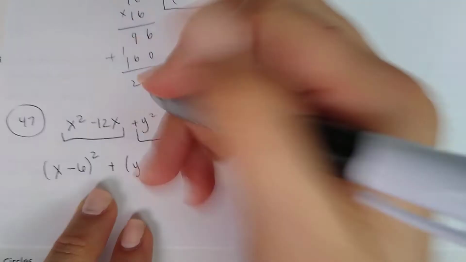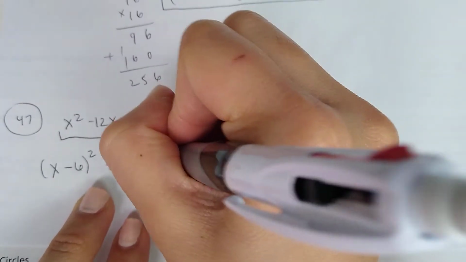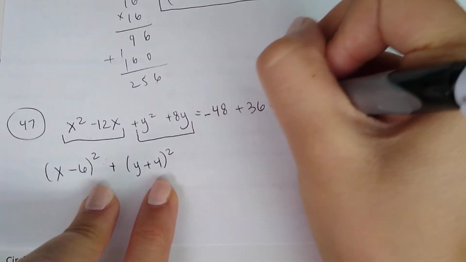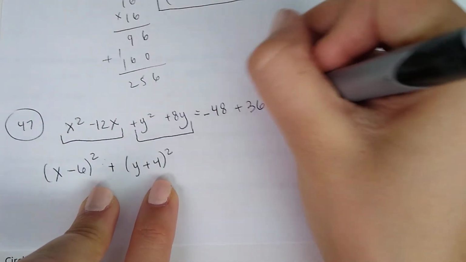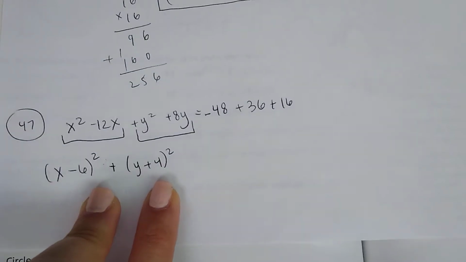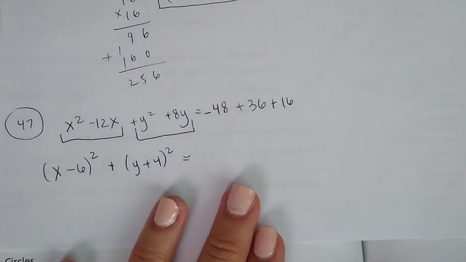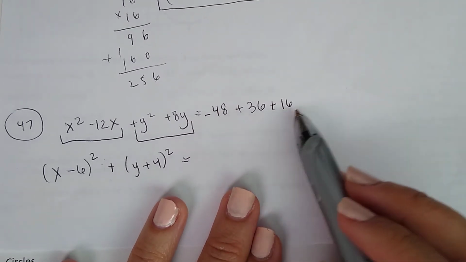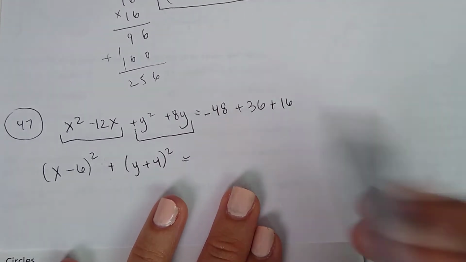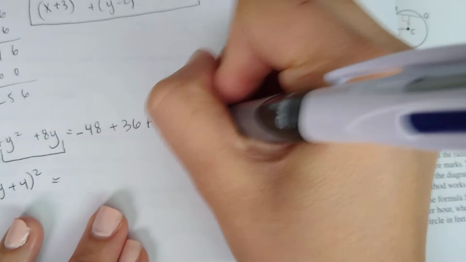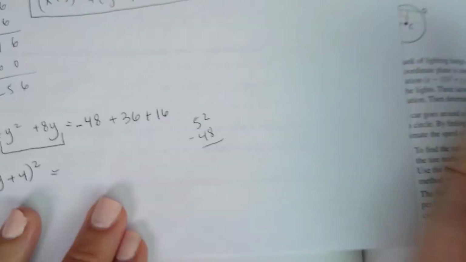Plus y, half of that is 4. 4 squared is 16. So if I'm adding 16 here, I need to add 16 to the right side of the equation just to make sure I'm balancing it as well. So now I have, this is 52. And so I'm going to go ahead and do 52 minus 48.